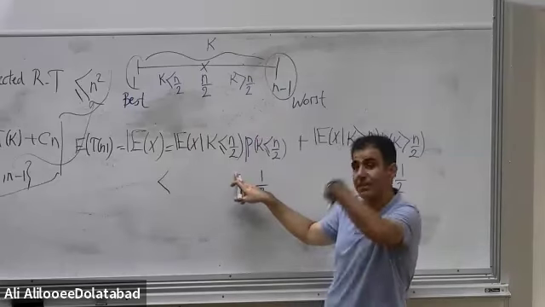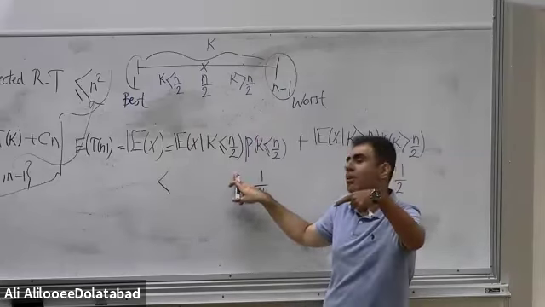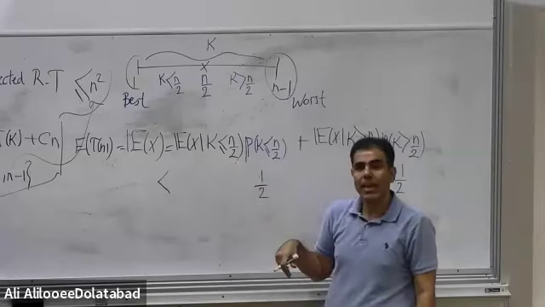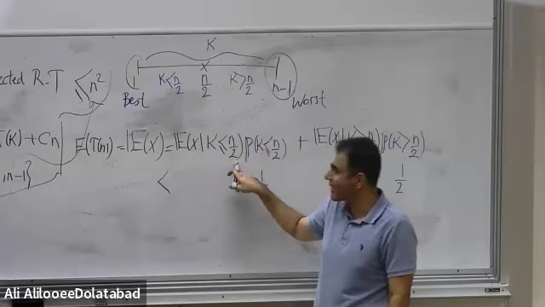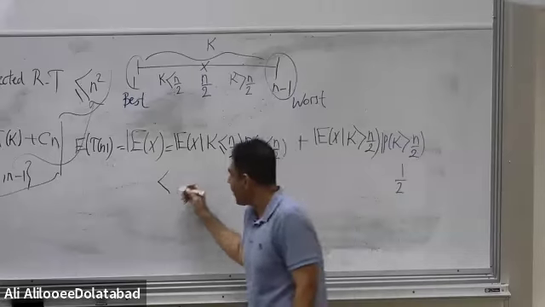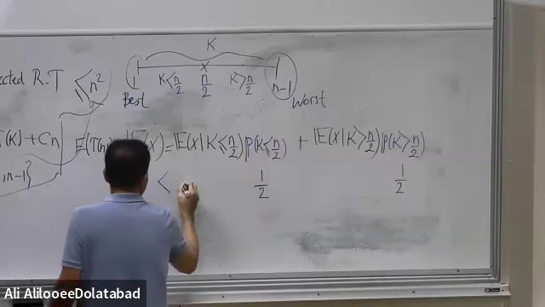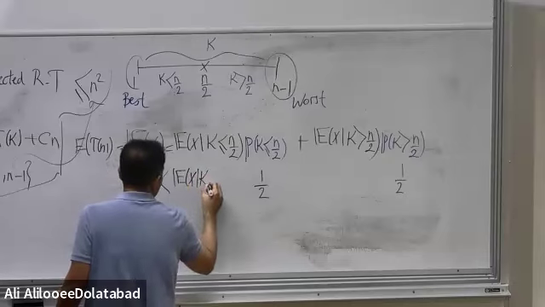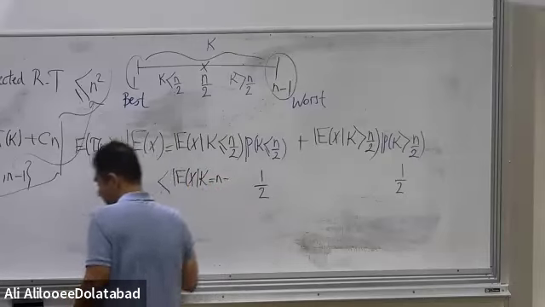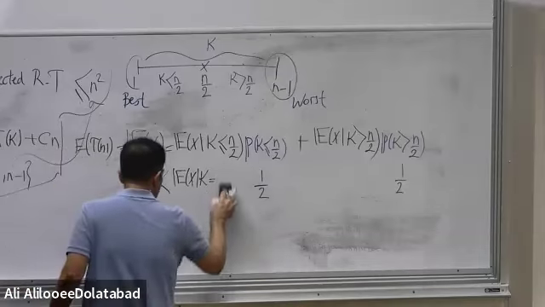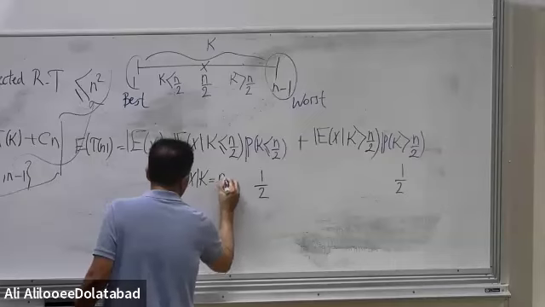It means everything that you have here is less than T at n over 2. Then we can say that everything here is less than the expectation of x when k equals n over 2.